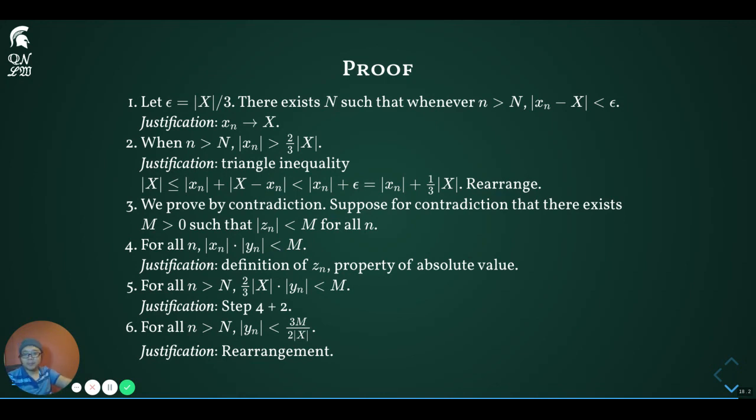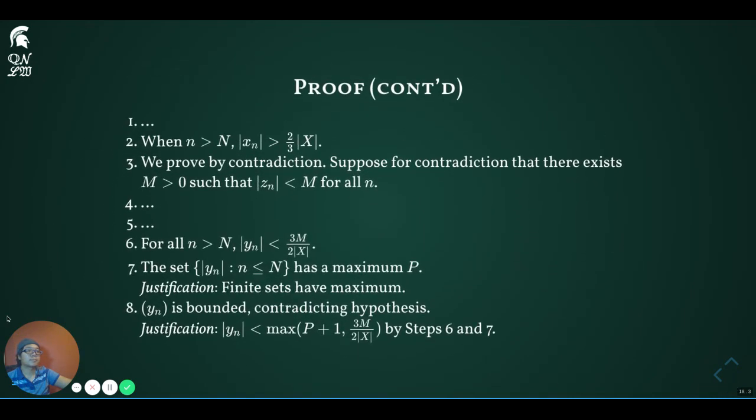We are not quite done, but we ran out of space, so let's compress things a bit by removing the justification for the steps we finished already and hide some statements that we no longer need. By step 6, we have shown that for all indices past the capital N that we found in step 1, the absolute value of y sub n is bounded.